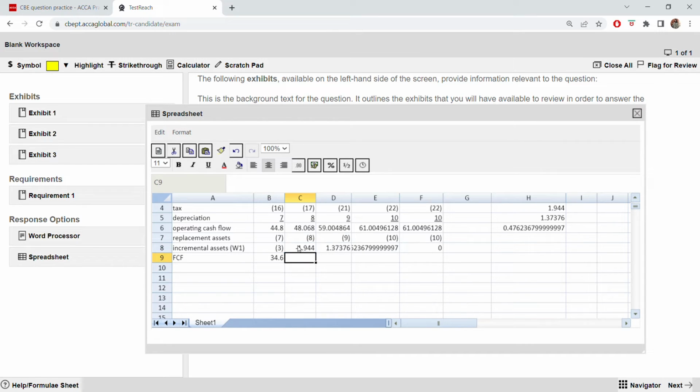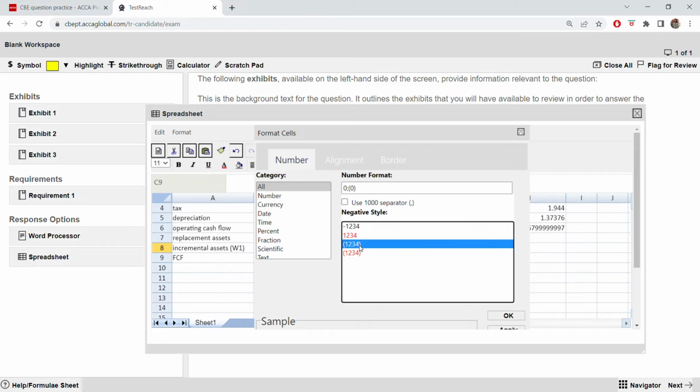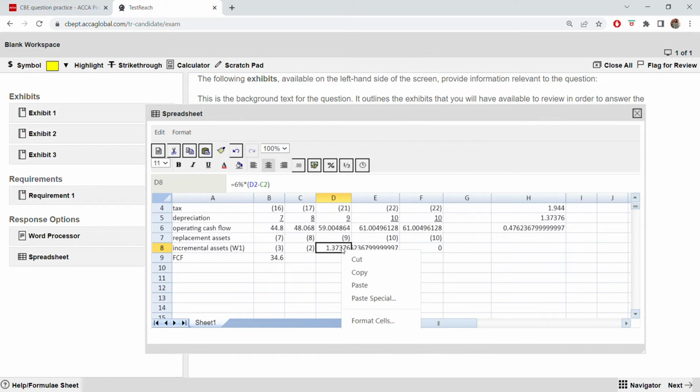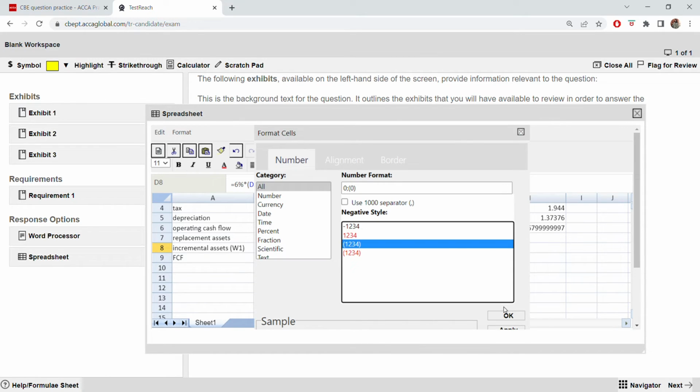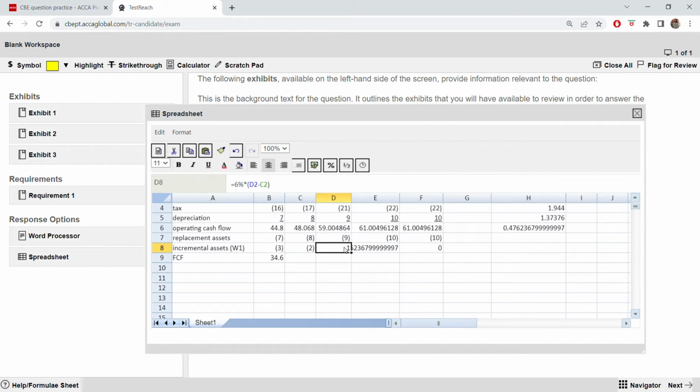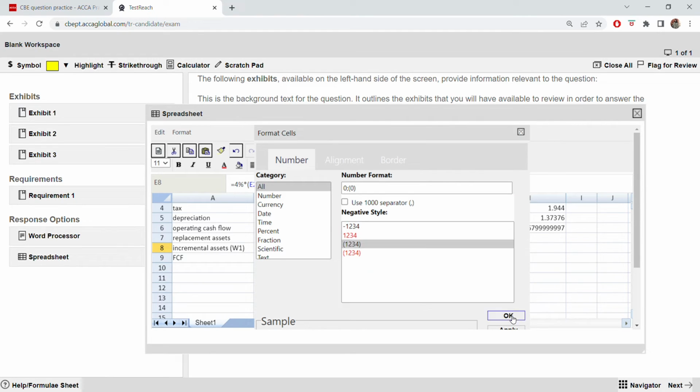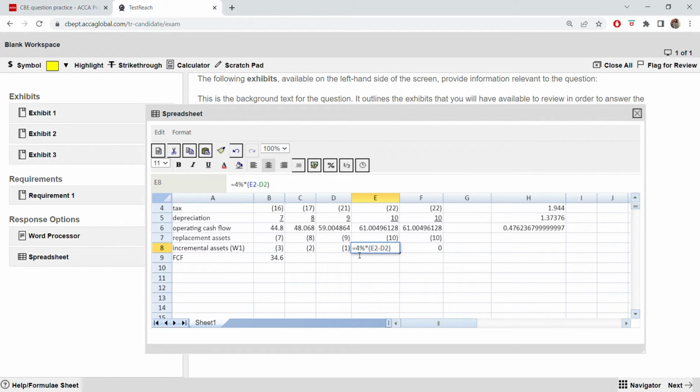That means individually you have to make the changes. Format cell, this. Okay. Format cell, this. Okay. Format cell into negative. It will show it as 0. Okay.